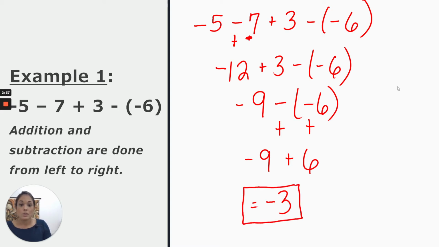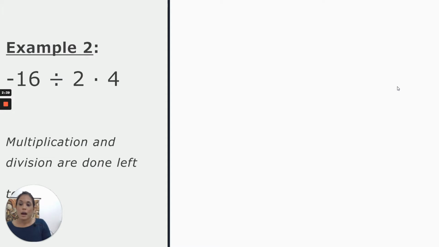All right, so next example, I have -16 divided by 2 times 4. When following the rules of the order of operation, we are going to go from left to right when I have multiplication and division. So -16 divided by 2.